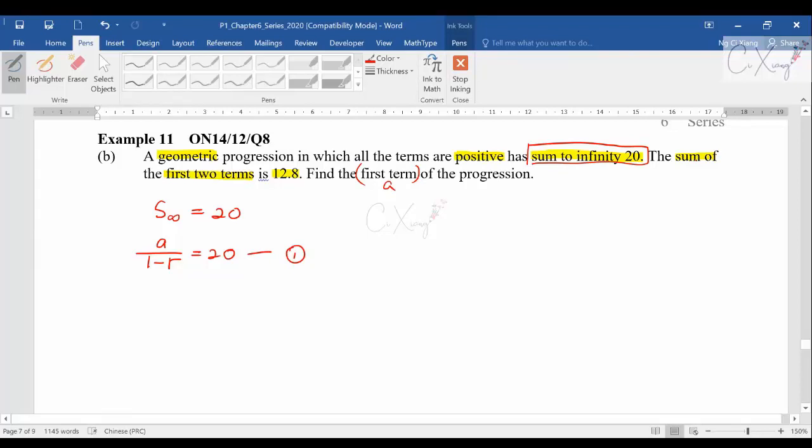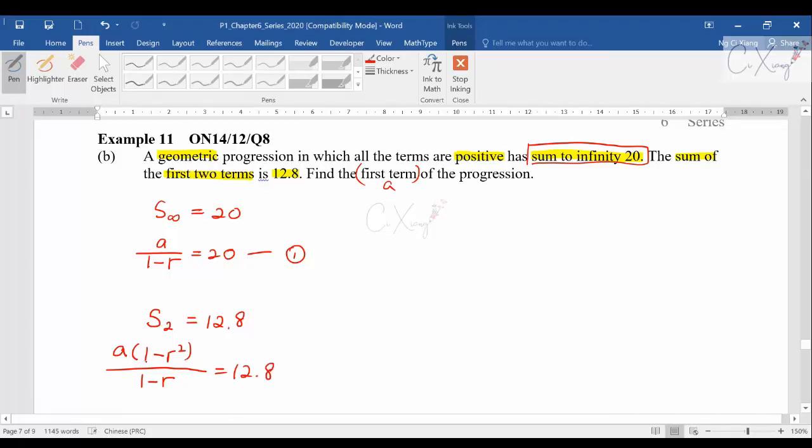The second piece of information is that the sum of the first two terms is 12.8. If I want to get the sum of the first two terms, there are two ways. Some students will say the sum of the first two terms is S2 equals 12.8. According to the formula we had before, we have A times 1 minus R squared, divided by 1 minus R, which equals 12.8.